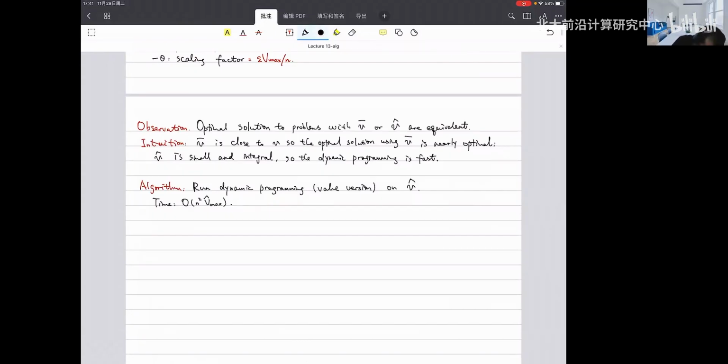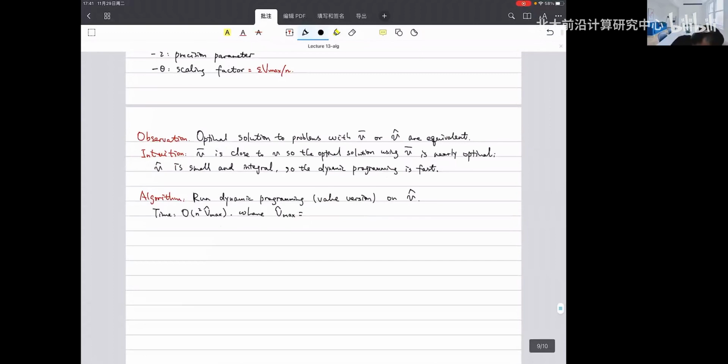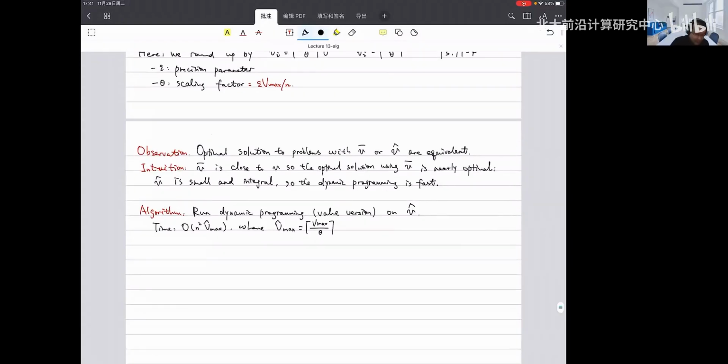Actually here we know that hat Vmax, based on our definition and the choice of the scaling factor, is going to be the scaling function of Vmax over theta. And we know that theta is epsilon times Vmax over n.